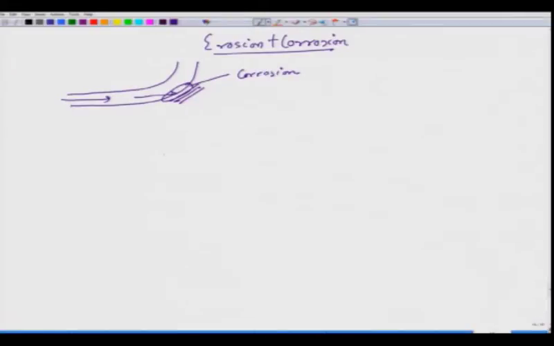Gradually, if we keep having this particular flow, at some point of time there could be a hole formation in this region. This is a typical example of erosion corrosion. Here also the design part would definitely come into the picture.